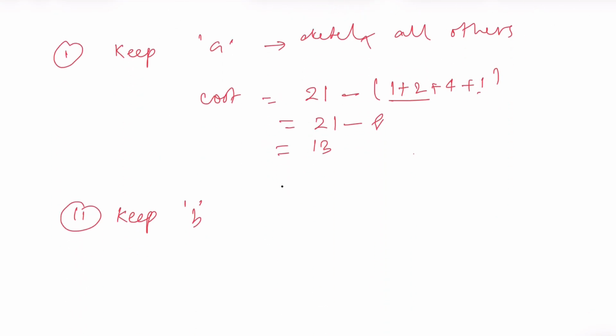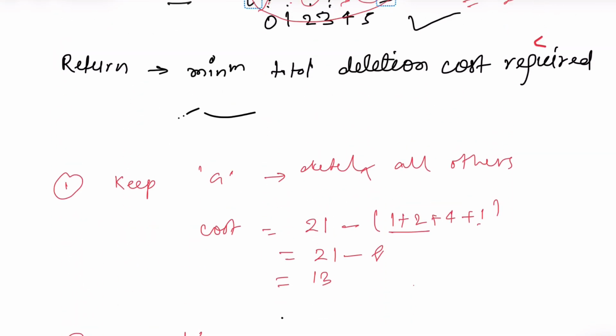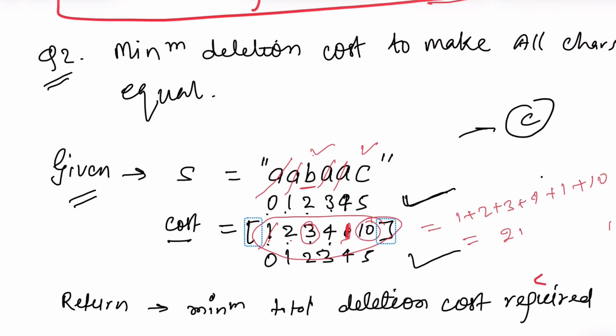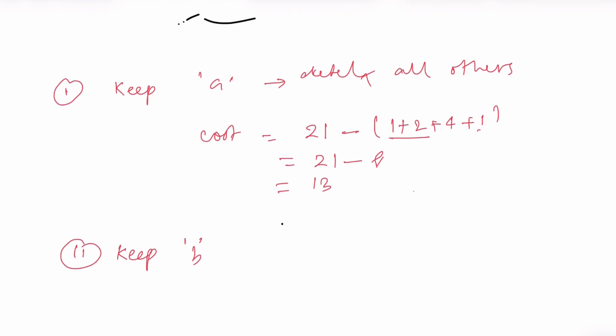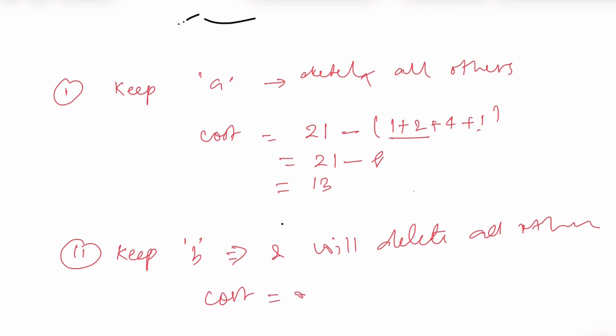How are we going to find the total cost? We'll keep B and delete all others. So the cost is 21 minus 3, totally 18.